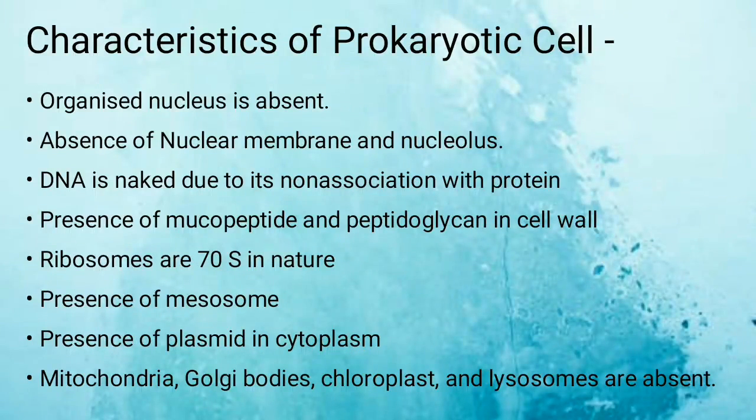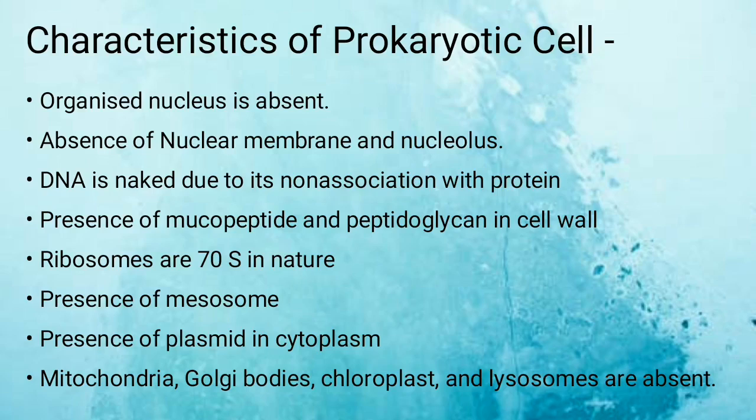Characteristics of prokaryotic cell. In the prokaryotic cell, an organized nucleus is absent. There is absence of nuclear membrane and nucleolus. DNA is naked due to its non-association with histone protein, with presence of mucopeptide and peptidoglycan in the cell wall.